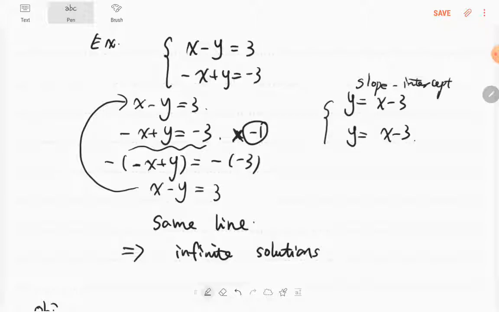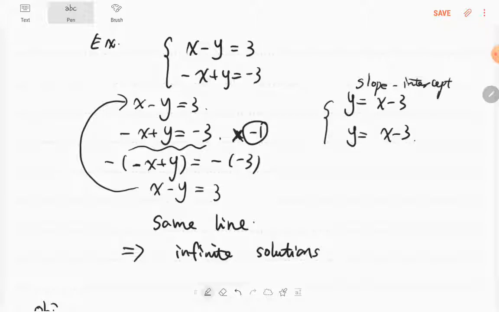Then we compare: if they have the same slope but different intercepts, they are parallel, so they do not have intersection points and have no solution.